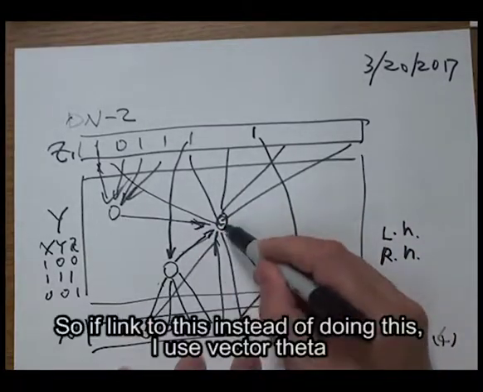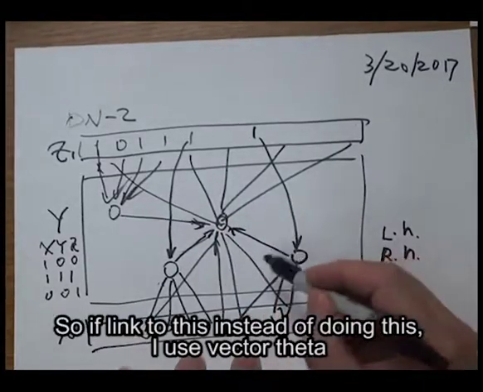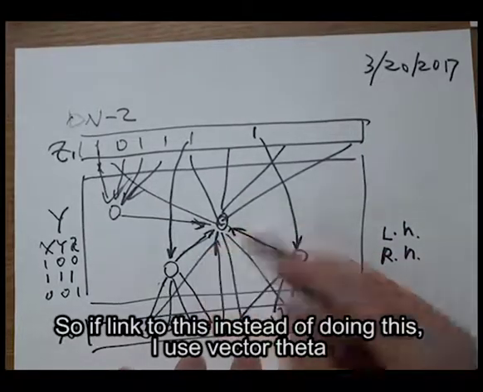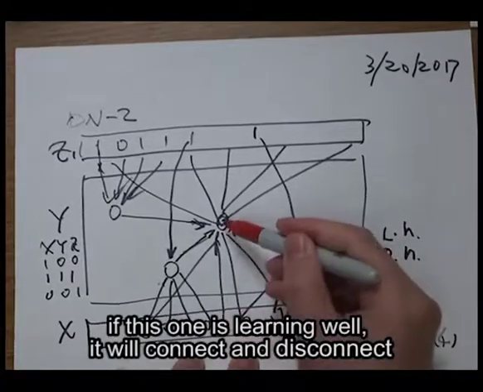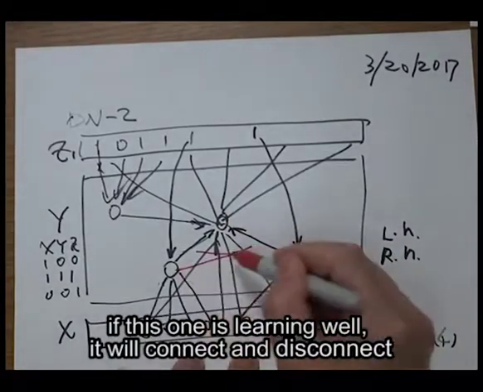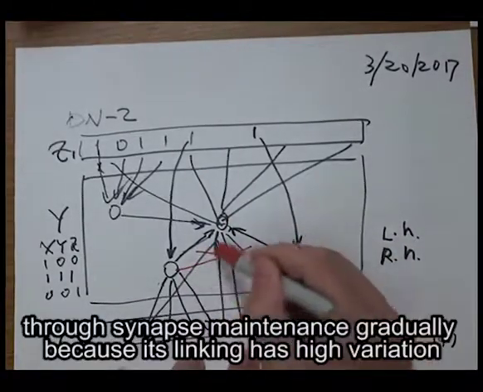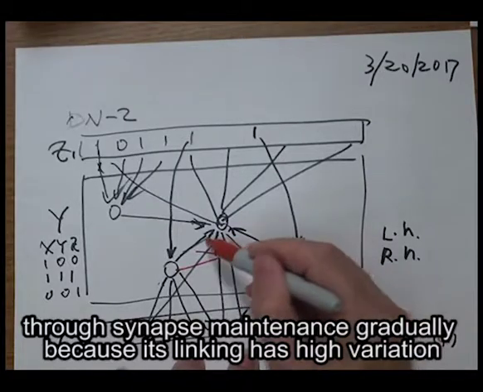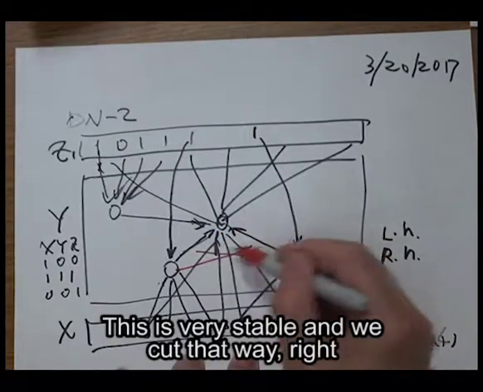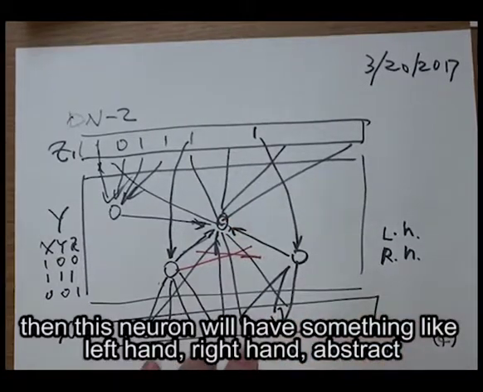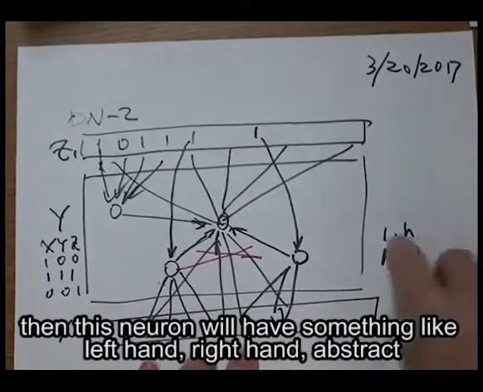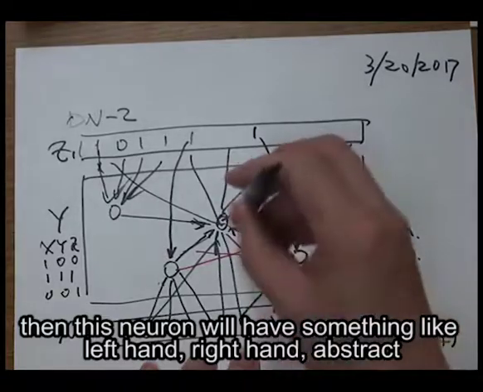So if linked to this, instead of doing this, I use left. If this one is learning well, it will disconnect it. We will select maintenance gradually because linking has a high variation and this is very stable, and we cut that way. All right. Then this neuron will have something like left hand, right hand, abstract.